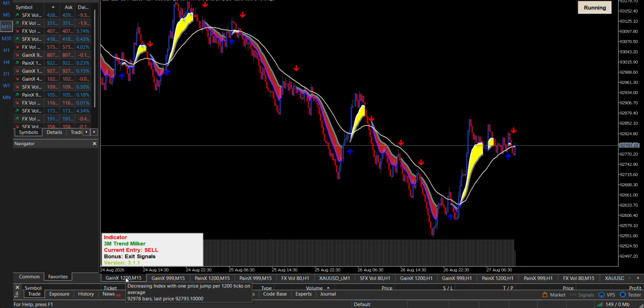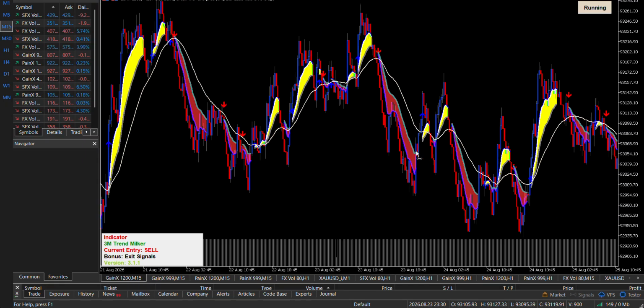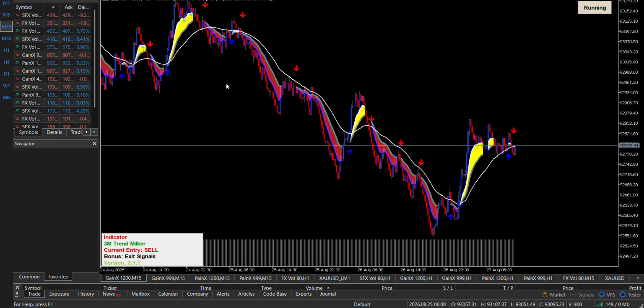Okay, so this is Ganex 1200, and of course, just like I said yesterday in my last video, this had been on a downtrend and it sold till it got to this support zone. It was unable to break out from here. So it tried to go back on an uptrend, and as you can see, it bought for a while, but it has gotten to this region, and this region is very, very important.